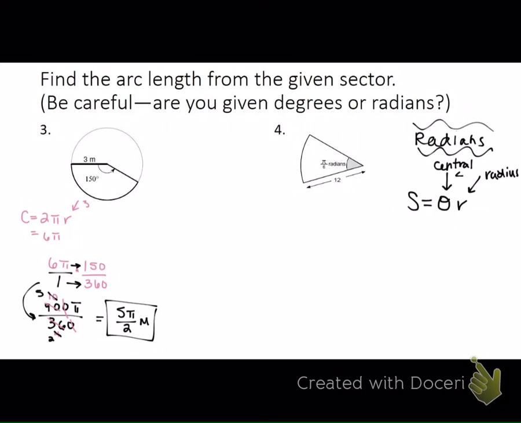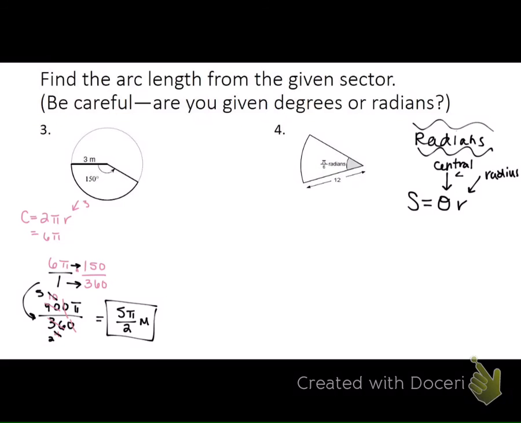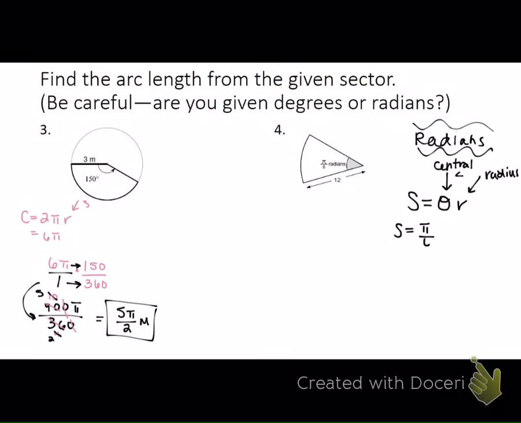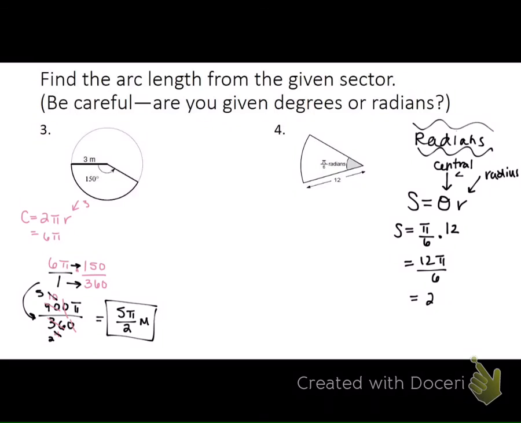And this is the way I would like most of you guys to do it. So the central angle is pi over 6, and our radius is 12. So that's 12 pi over 6, which is 2 pi, and this doesn't have units, so I'm just saying 2 pi units.